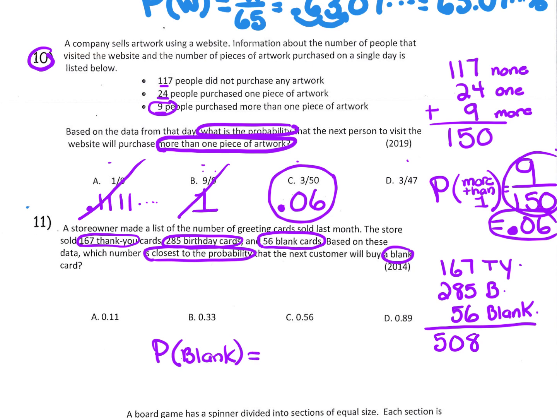Those are your parts. Now add those up and get a total. Use your calculator. You should get a total of 508 cards. Now, what's the probability of getting a blank card? Well, we have to take part and put it over the total. We're going to take 56 divided by 508 and convert it to its decimal equivalent. Pick up your calculator and take 56 divided by 508.